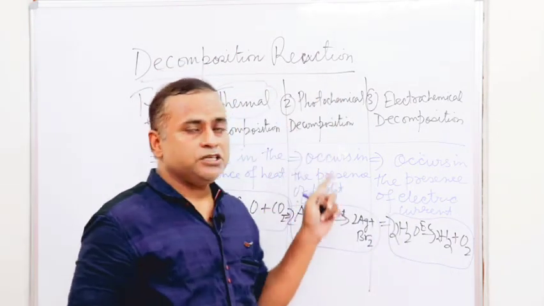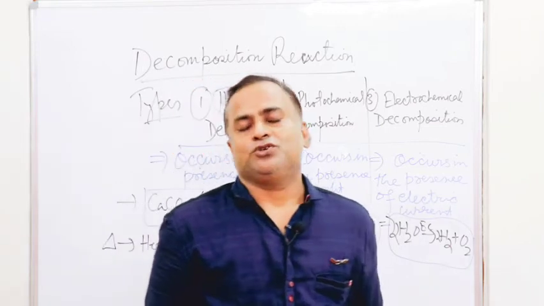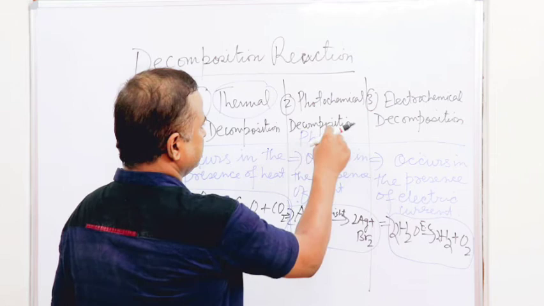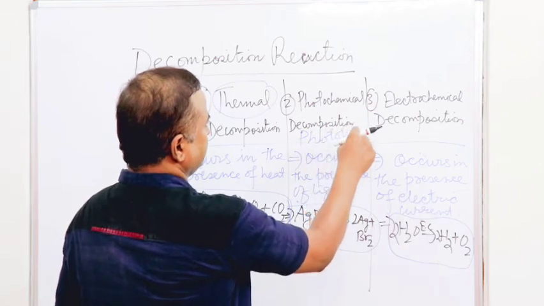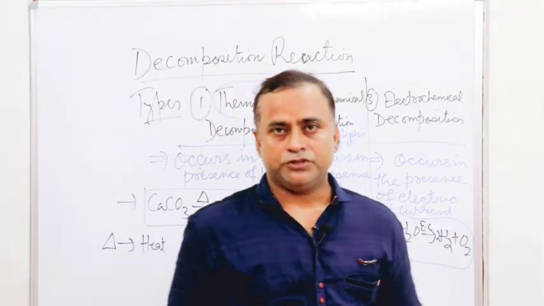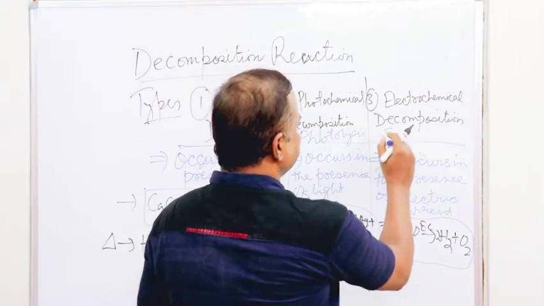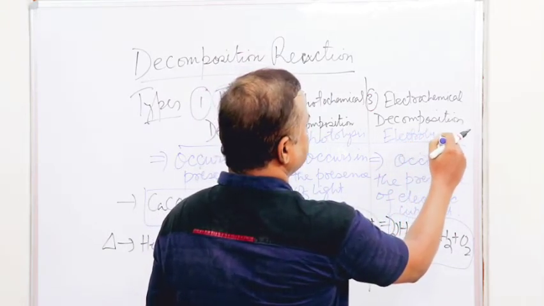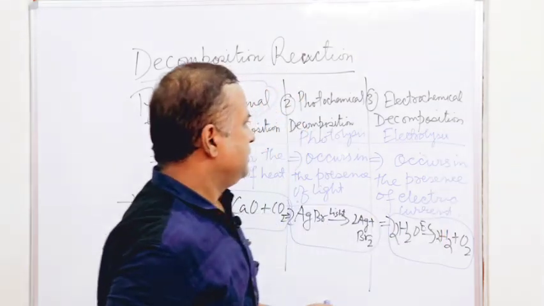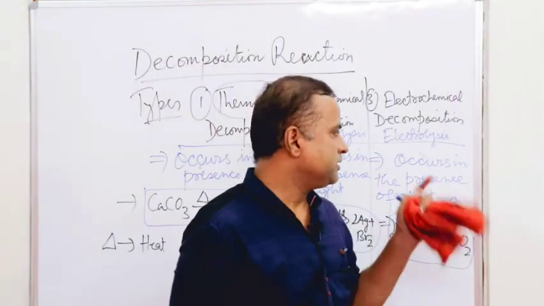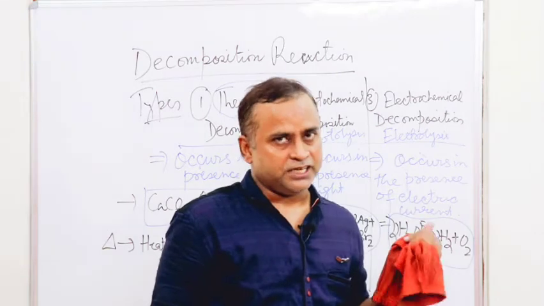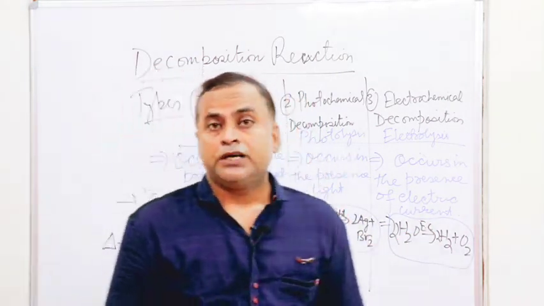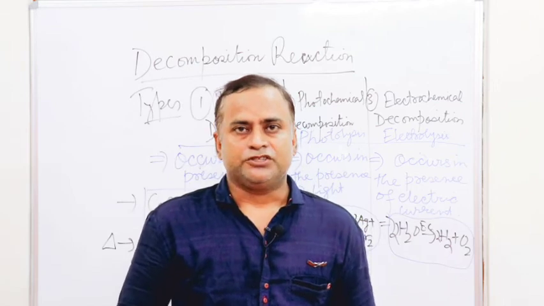Photochemical decomposition is also known as photolysis, and electrochemical decomposition can also be called electrolysis. Electro means current and lysis means to break. Photo means light, lysis means to break. So these are the 3 types of decomposition reactions.